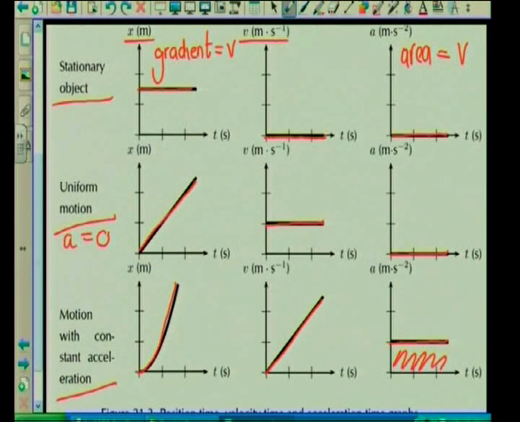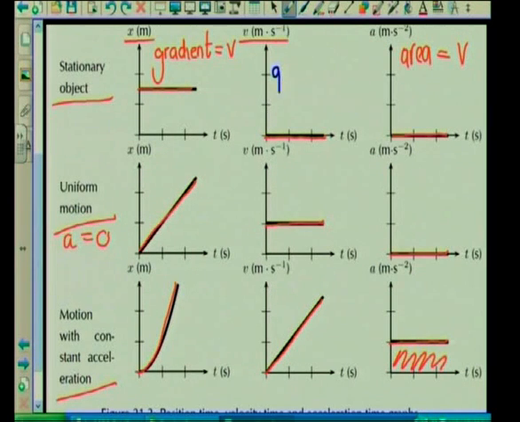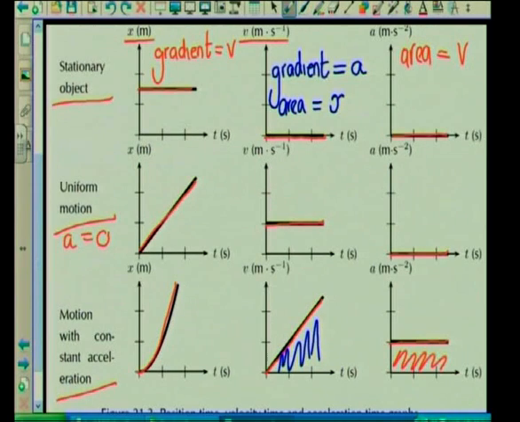Okay, fairly useful. My velocity time graphs are actually the most useful because the gradient of a velocity time graph equals the acceleration, and the area under the graph, so this area here, is equal to displacement.